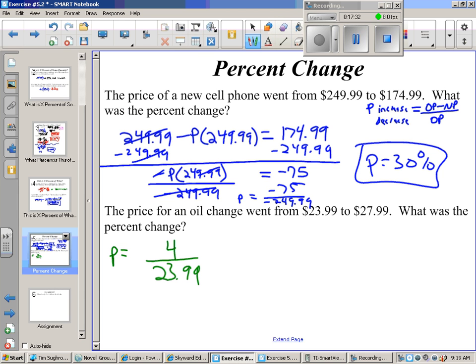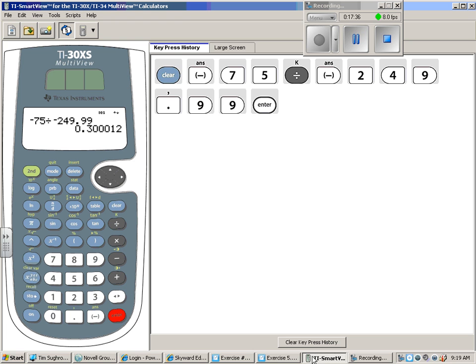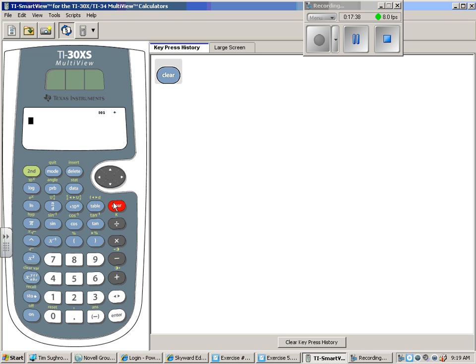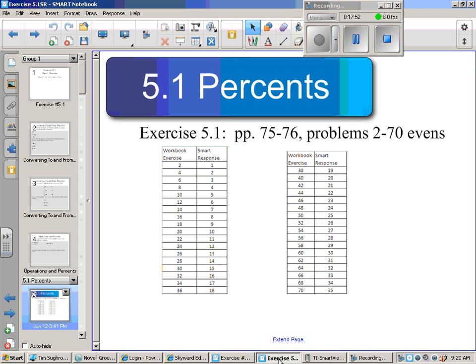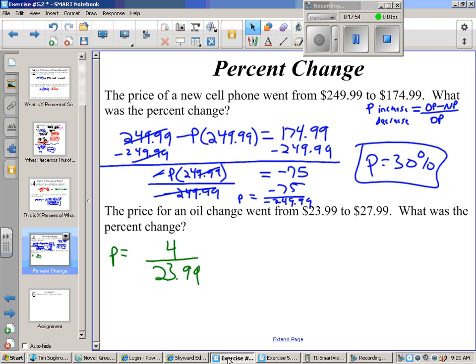So take 4 divided by $23.99. 4 divided by 23.99 is going to be 0.1667. So 16.7% when we change it to a percent. 16.7% is the percent of change.